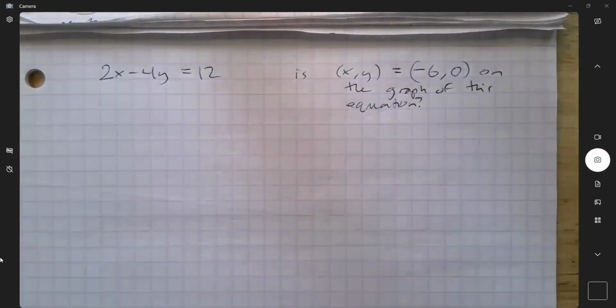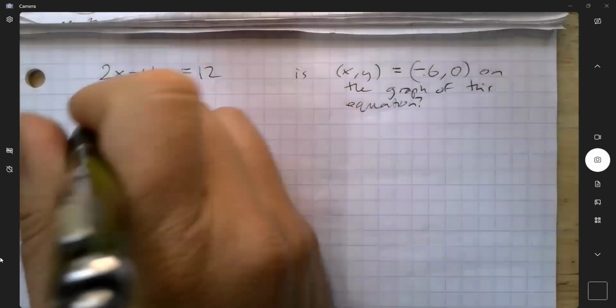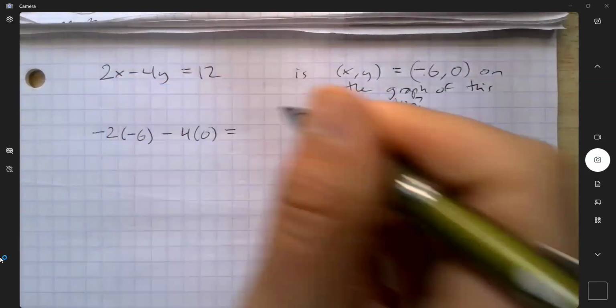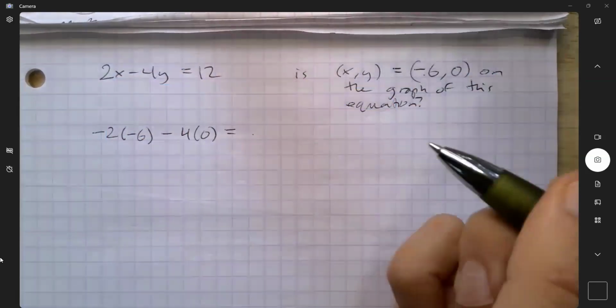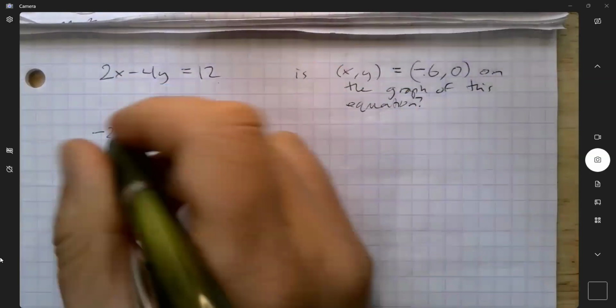That's fairly easy to test because all I have to do is plug it in. x is supposed to be -6, y is supposed to be 0, and hopefully that's going to equal 12. If it is, it means it's going to be there on the graph of the equation.